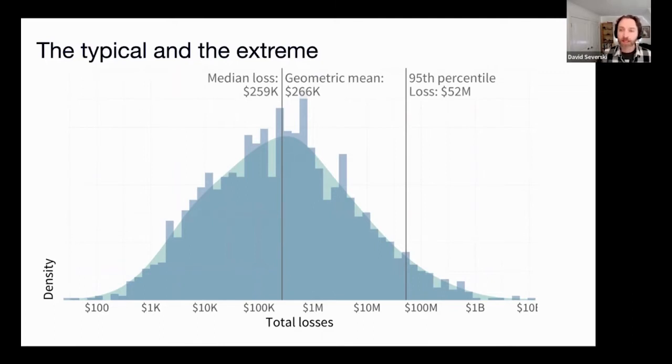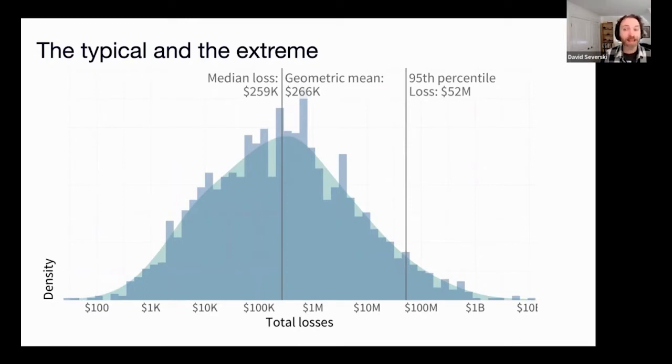And if you look at typical losses as measured by median, which is the middle of the pack, or a geometric mean, which is a fancier type of average that accounts for extreme values, they tend to agree. It's about $260,000 for a typical publicly discoverable breach or loss.